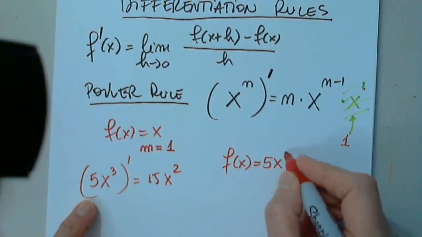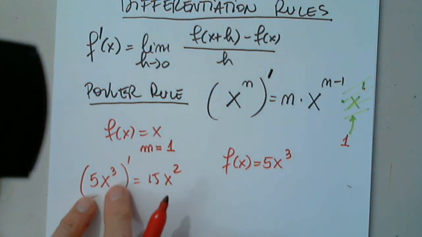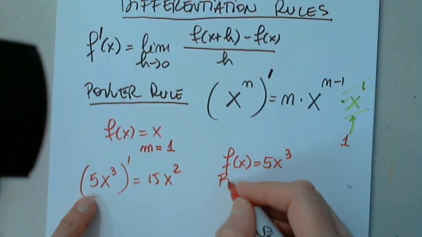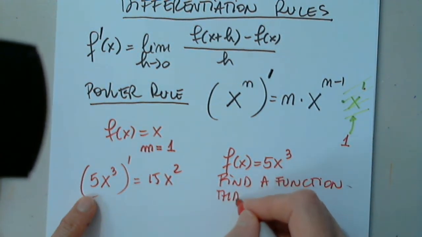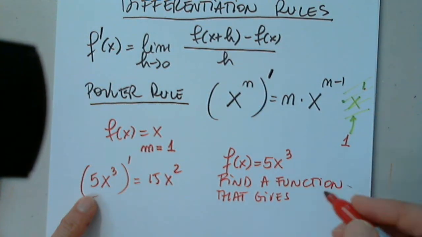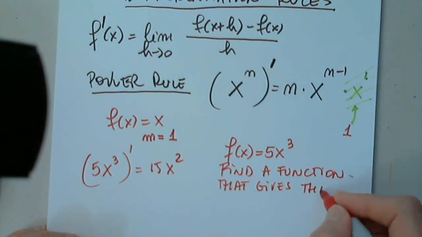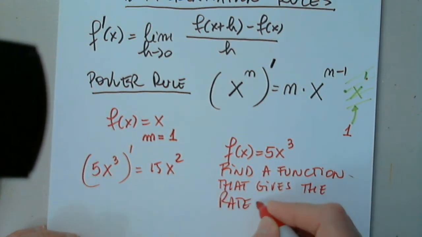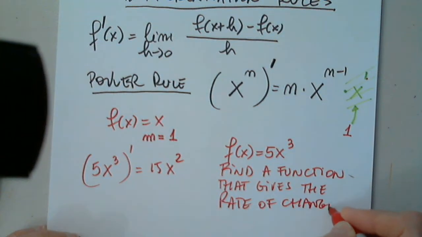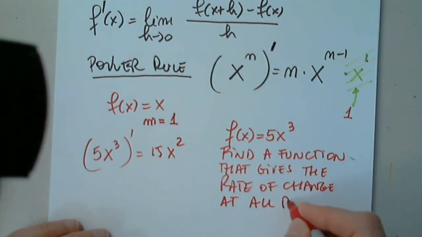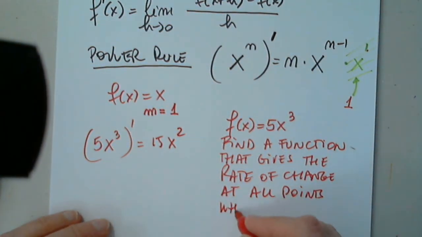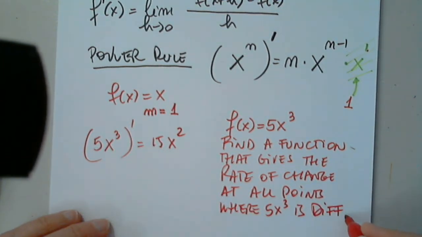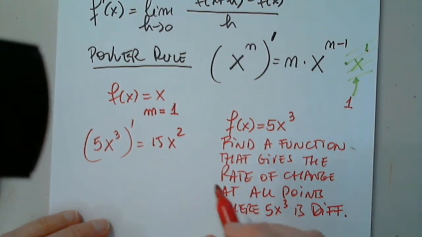If a function is given to us as 5x cubed, and we are asked to find a function that gives or determines the slope or the rate of change at all points where 5x cubed is differentiable, then I find f prime.